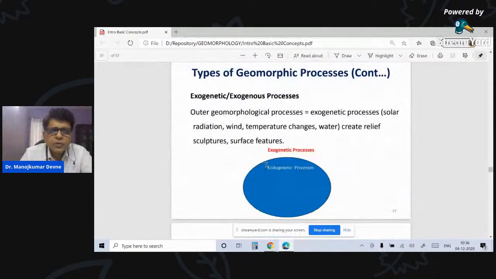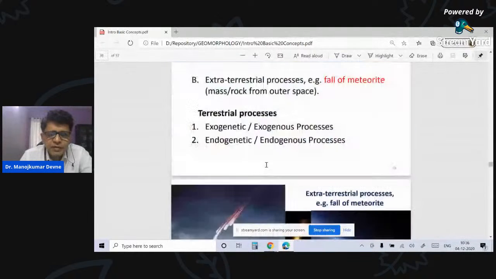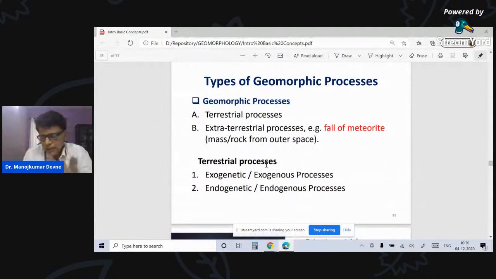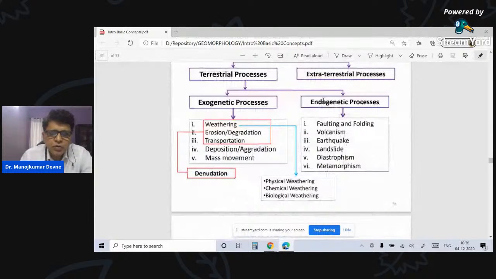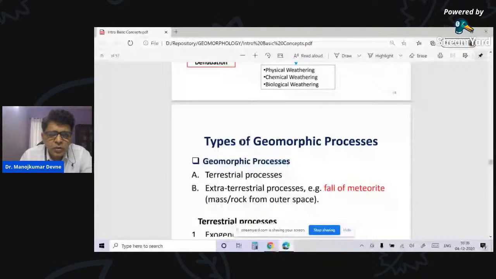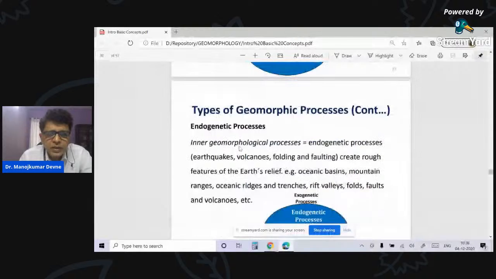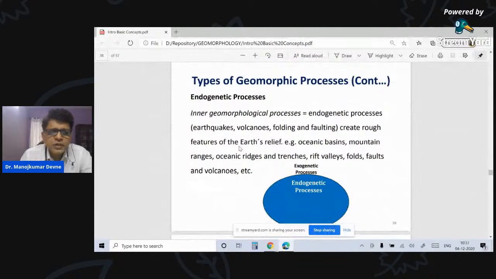Types of geomorphic processes: exogenic or exogenous. As I said, equilibrium is basically a fight, or I would say action and reaction, between endogenic and exogenic forces. All of geomorphology is about that. Types of geomorphic processes include endogenic.